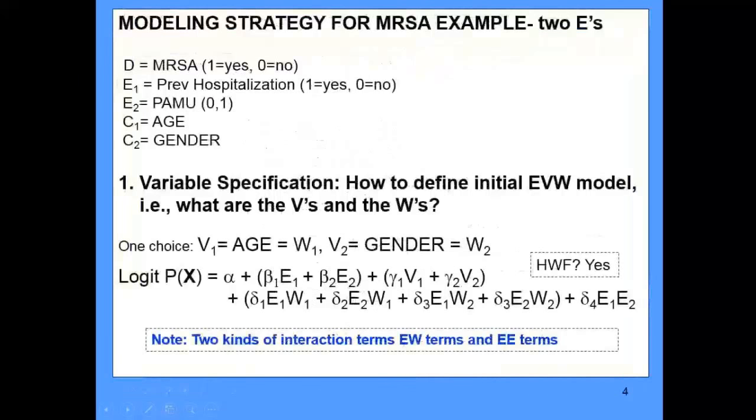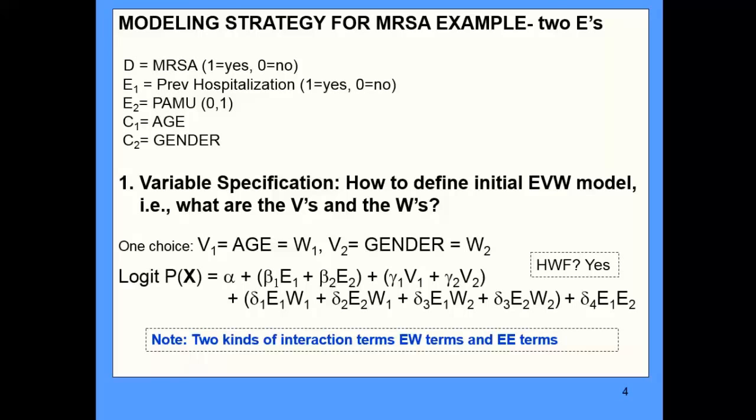You remember in this example, there were only two E's. So you could only have E1 times E2. What if there were three E's? What would it be? E1 times E2, E1 times E3, and what? E2 times E3. Would it be E1 squared? Well, it could be, but that's not what I'm allowing.